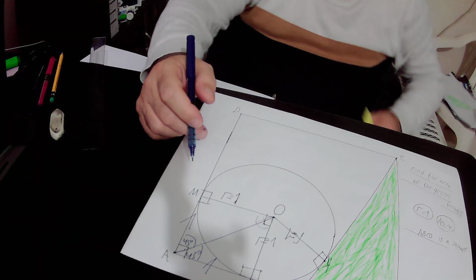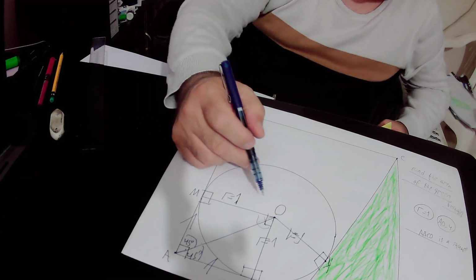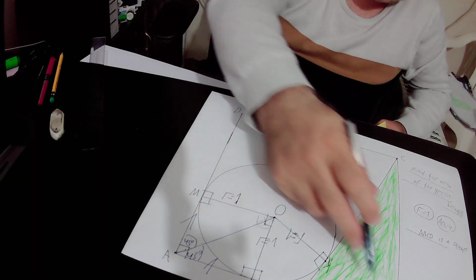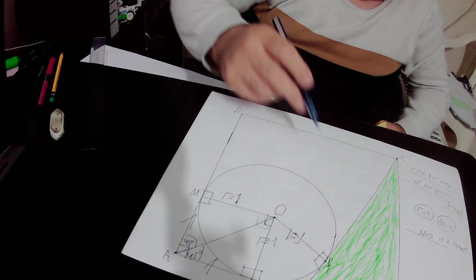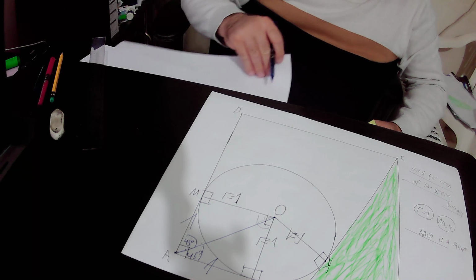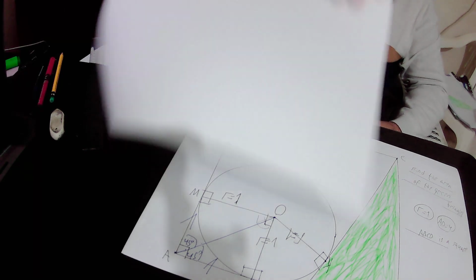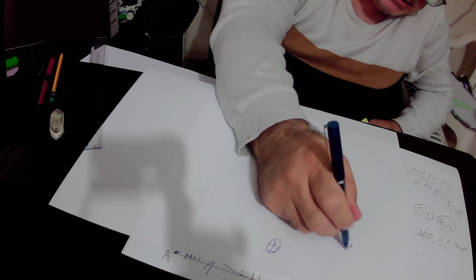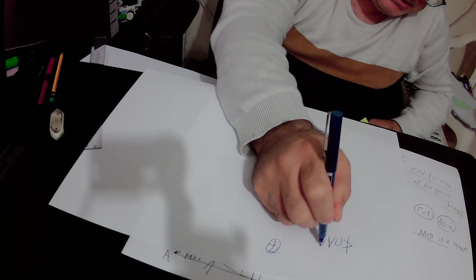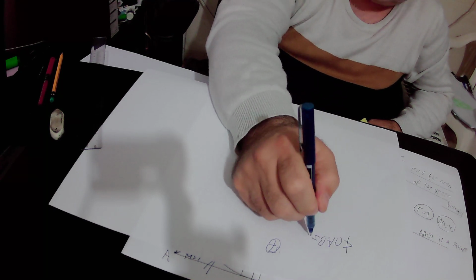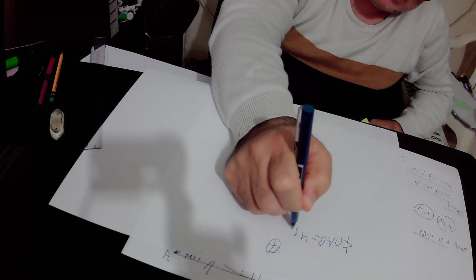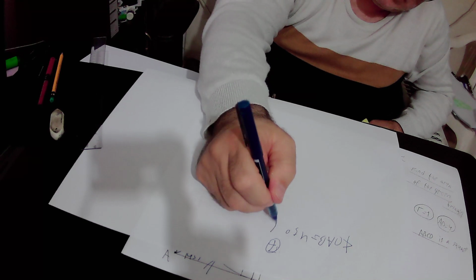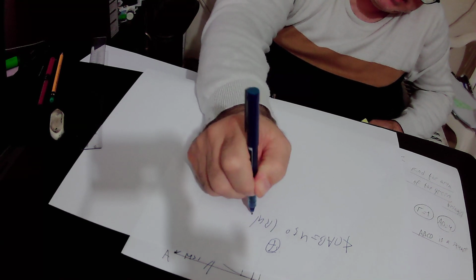So we can write down that angle OAB equals 45 degrees, according to rule number 6.